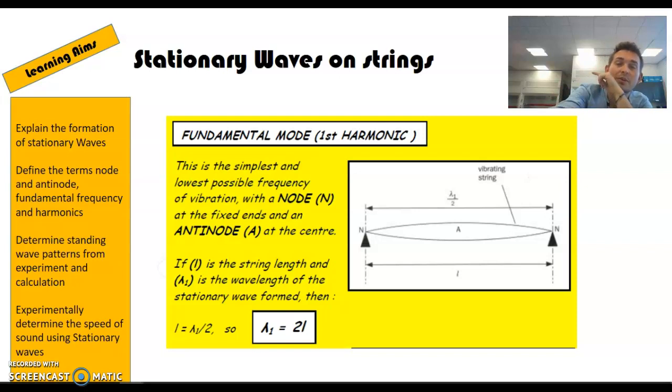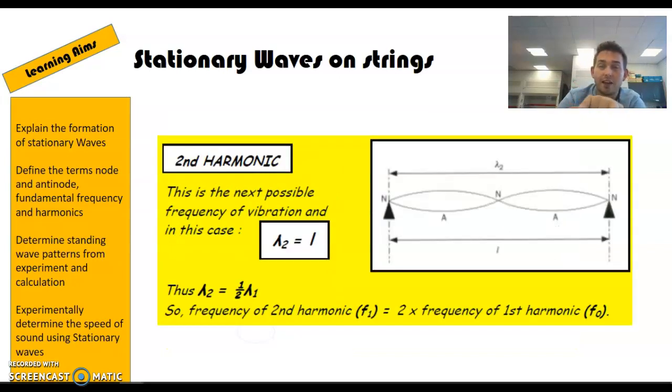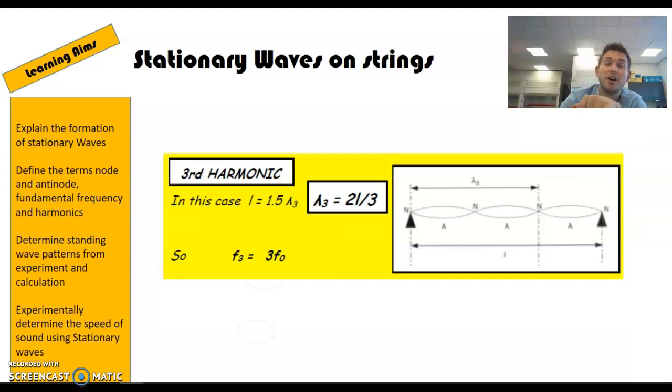Because you can imagine, that's the length, it's only getting half a wavelength on it. The second harmonic is getting 2 half wavelengths on it, so lambda is equal to L. And the third harmonic is getting 3 half wavelengths on it, so in this case, lambda is equal to 2L over 3.